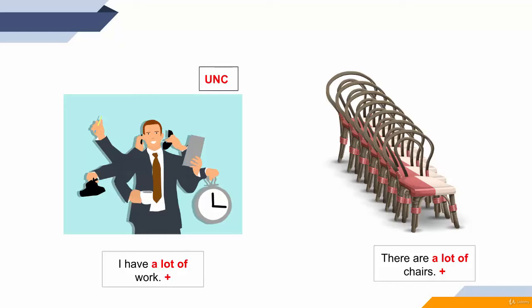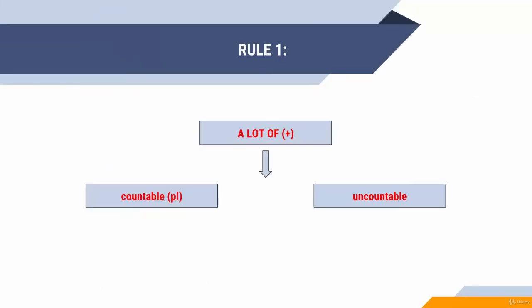I have a lot of work. Uncountable, a lot of, positive sentence. There are a lot of chairs. Positive sentence, countable noun. The rule: a lot of is used in a positive sentence. The noun can be countable in plural or uncountable.